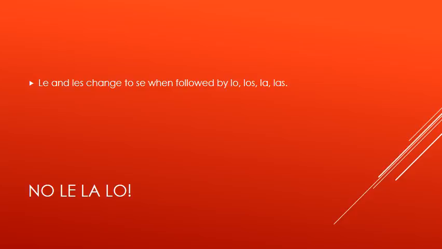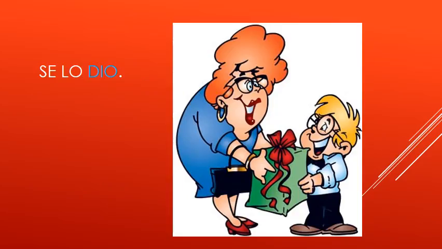There's another rule here. No le lo, la, lo. So le and les, those L's have to change to se when followed by a lo, los, la, or las. No le lo, la, lo. So what do you do instead? You change the le or les to se. So in the example, she gave it to him, you have se lo dio.